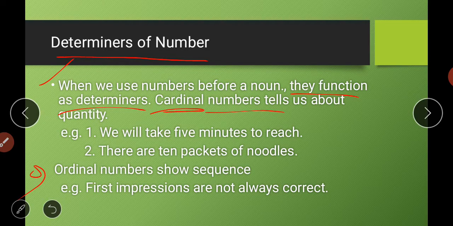A cardinal number tells us about the quantity of something. Like we will take 5 minutes to reach, or there are 10 packets of noodles, or I have 5 pencils in my bag. We are talking about the quantity of something, the quantity in numbers. Words like 5, 10, 2 are called your cardinal numbers.